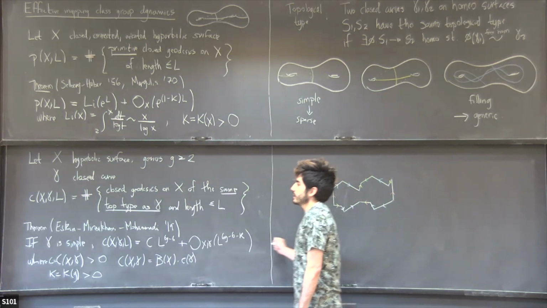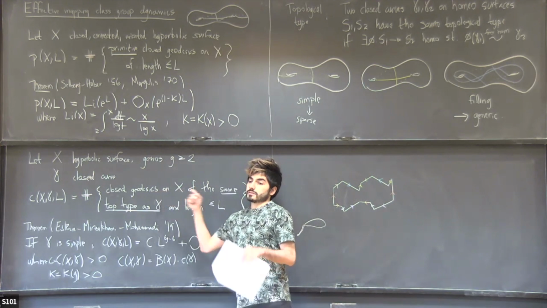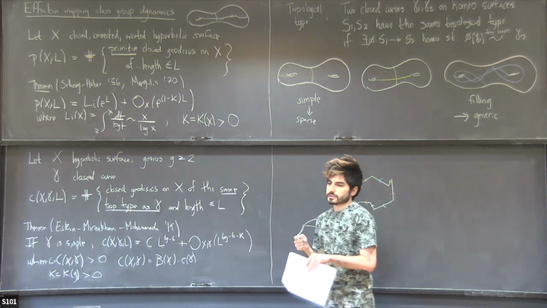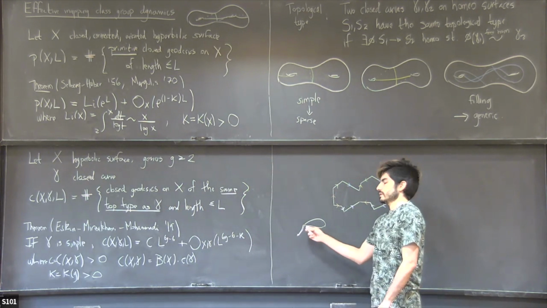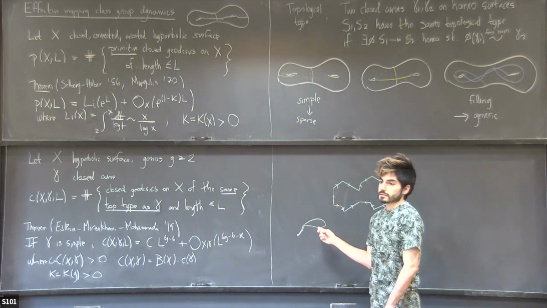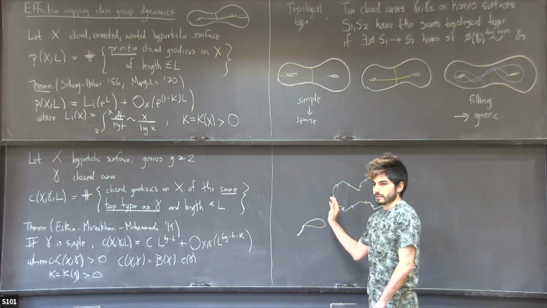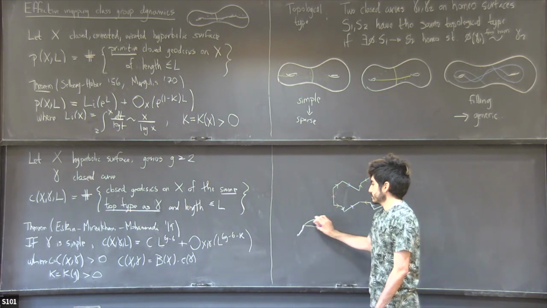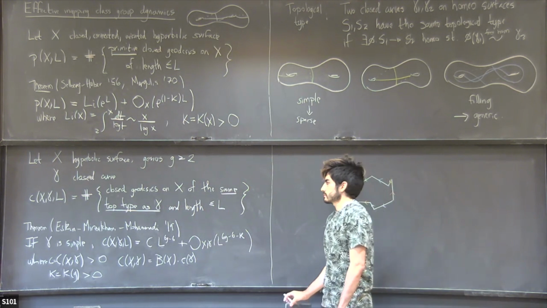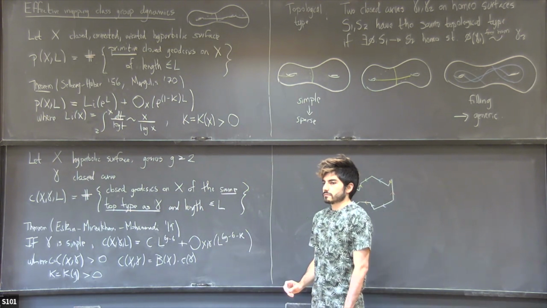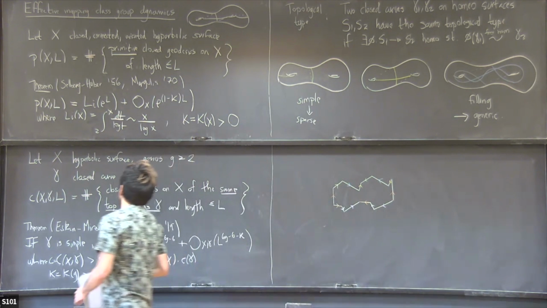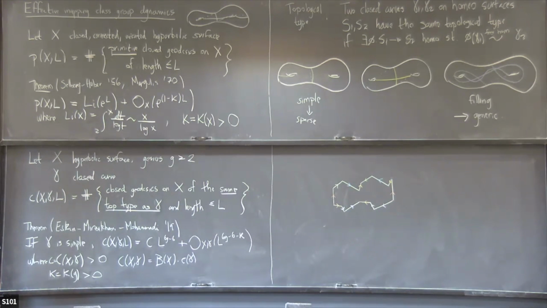Yeah, so as you're looking at the geodesic representatives, even if you change the base point, this has the same geodesic representative as your original curve. When you tighten this up, this extra piece just goes away. And all the other topological types can be obtained from the mapping class group. I wonder if this can be translated just in terms of the action of the mapping class group on the conjugacy classes of the fundamental group.